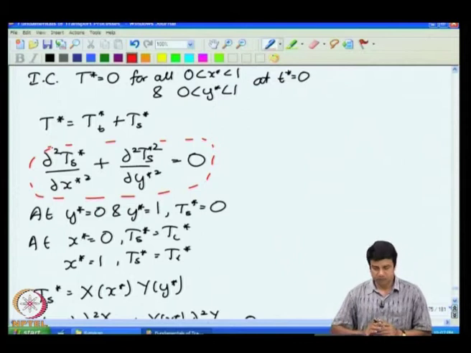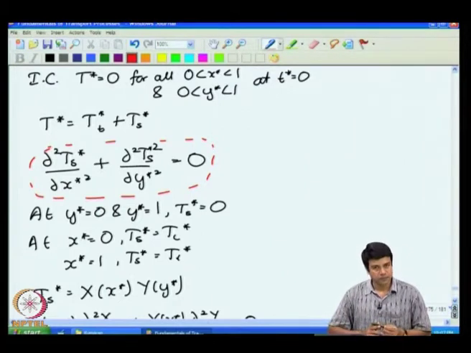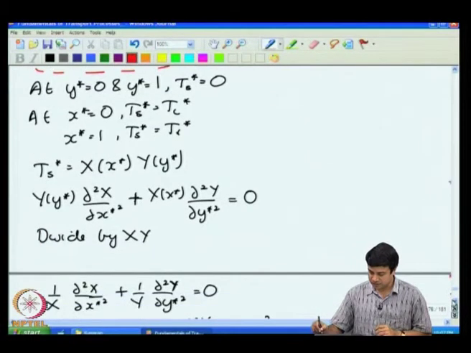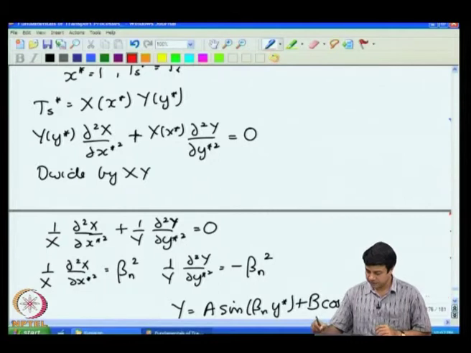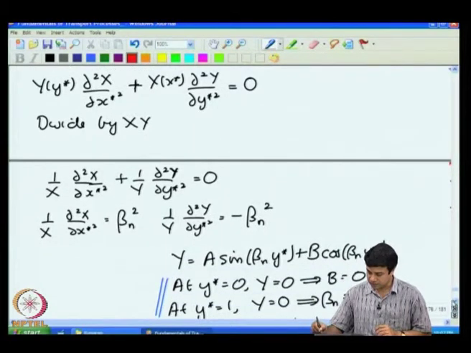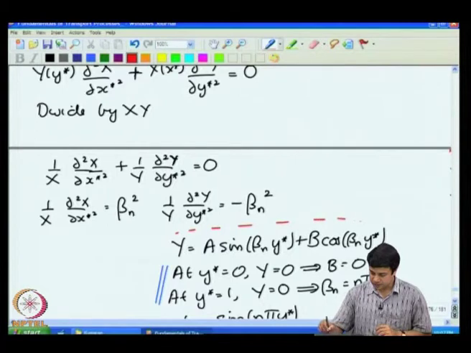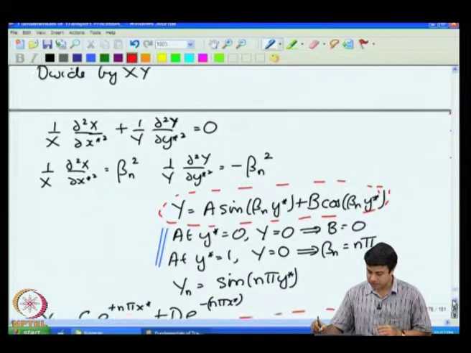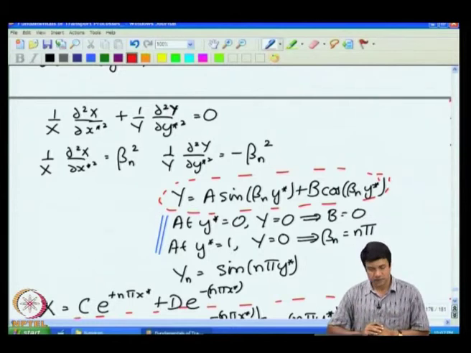This is solved by separation of variables. Y is the homogeneous direction, the boundary conditions are homogeneous in the y direction. X is the inhomogeneous direction. Therefore, the solution will be of the form of sine functions, which are the basis functions for the second order derivative operator in the y direction. So, in the y direction, because the boundary conditions are homogeneous, I will get sine and cos functions, where the eigenvalues beta n are determined from the condition that y has to be 0 on both surfaces.